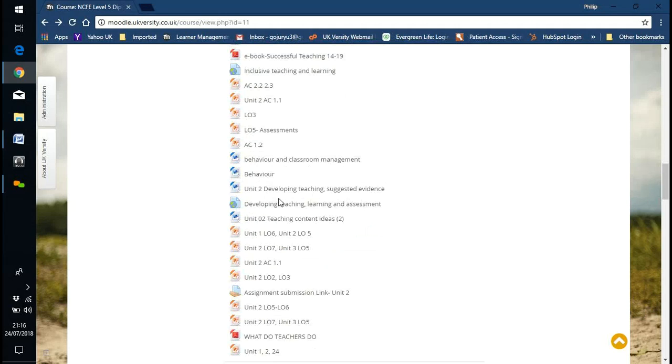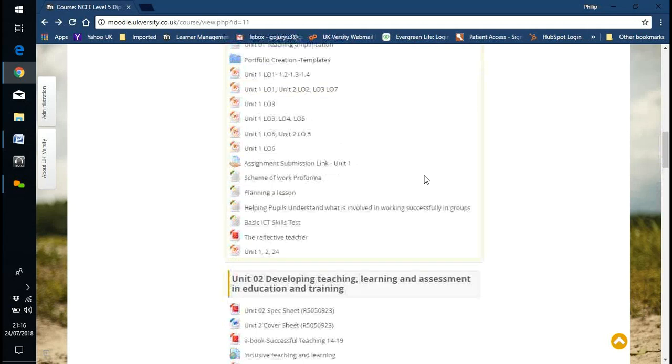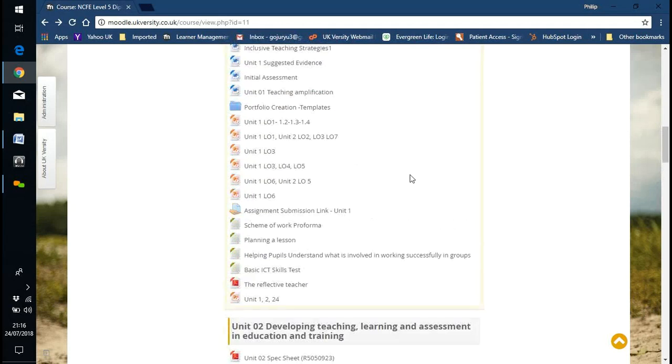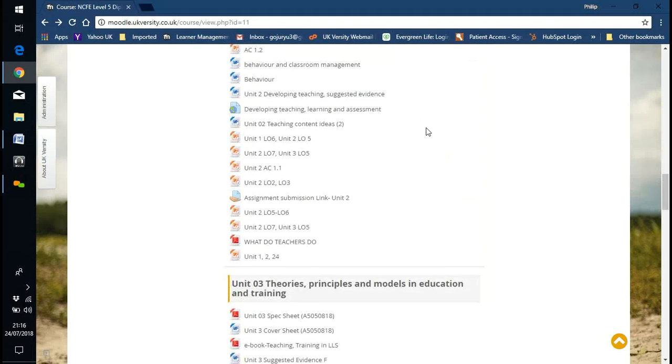Unit 2, developing teaching suggested evidence. That's the one I'm on. There should be a Unit 2 amplification as well. And it ain't there. Where's it gone?